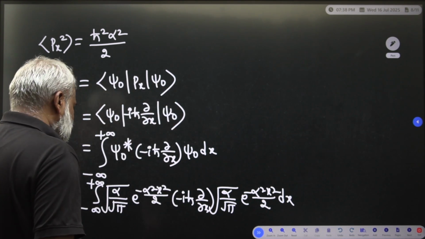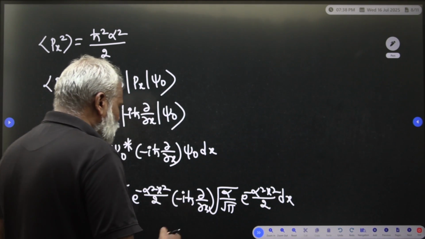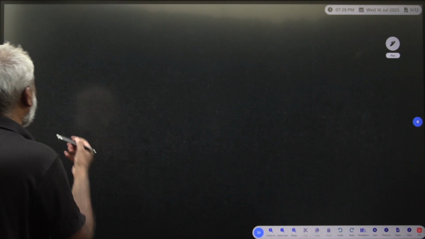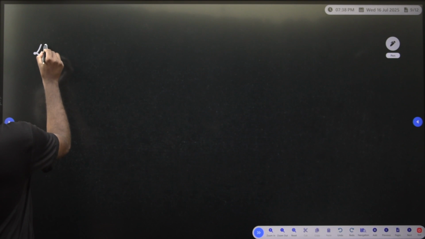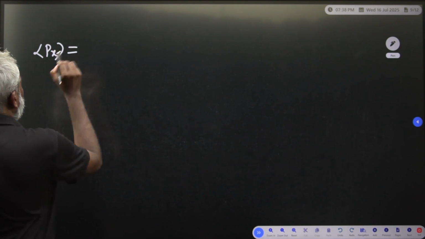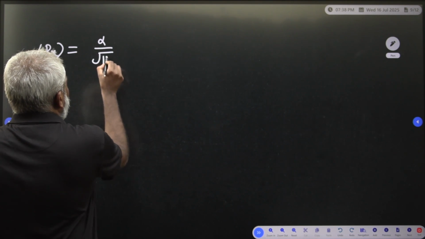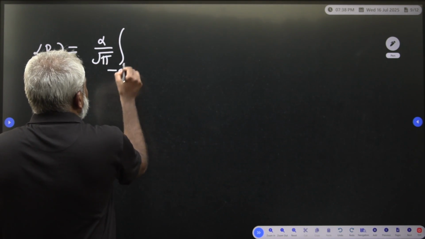So, we simplify: root alpha by root pi, root alpha by root pi, we take outside.